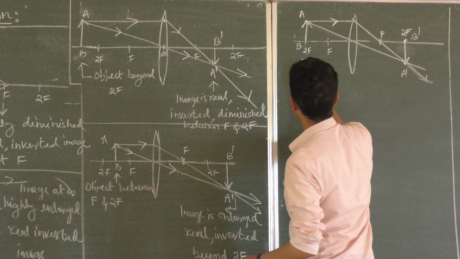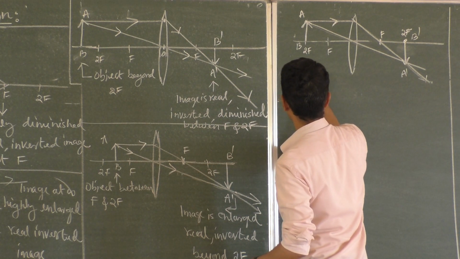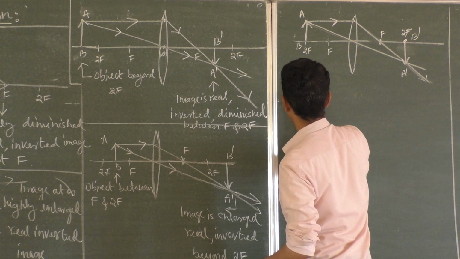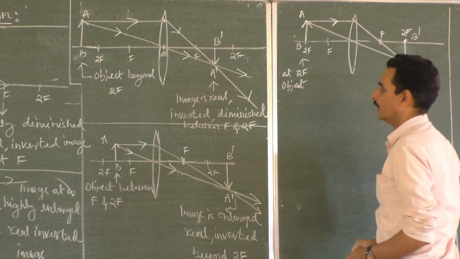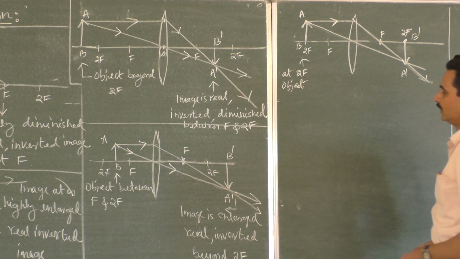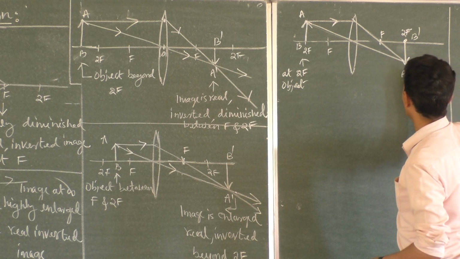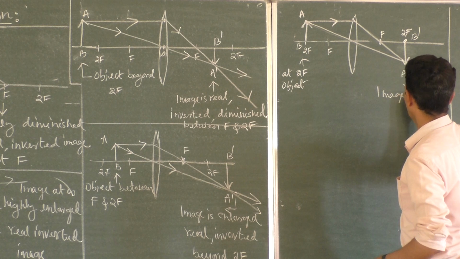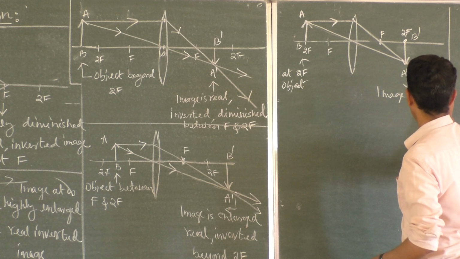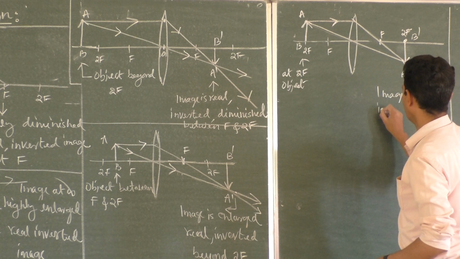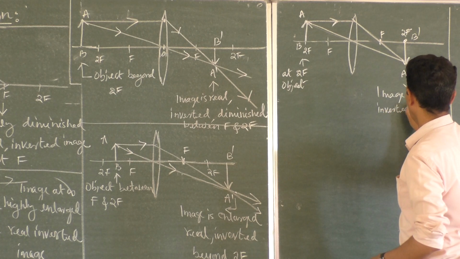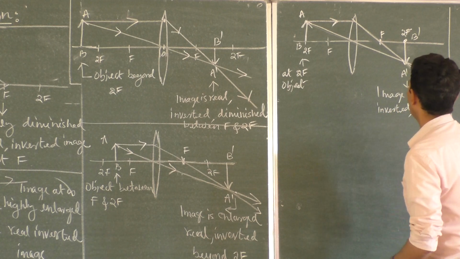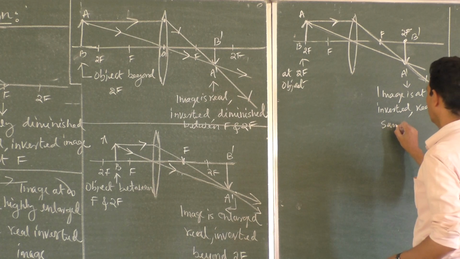So object at 2f, then the image is also at 2f, inverted, real, and same sized.